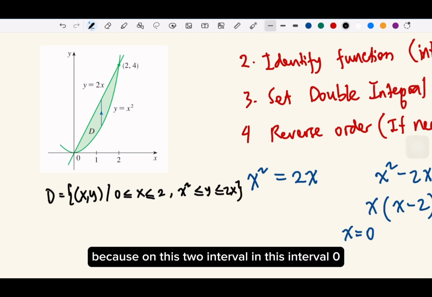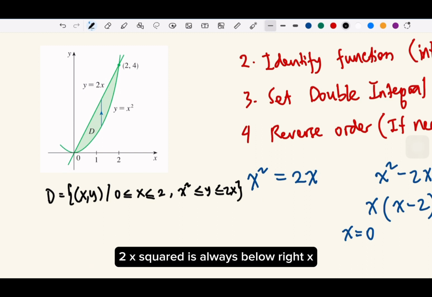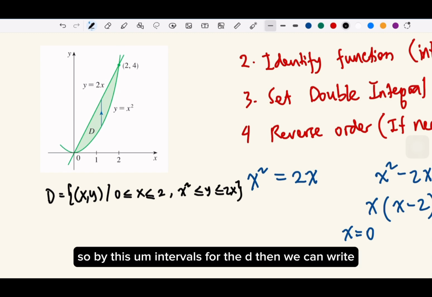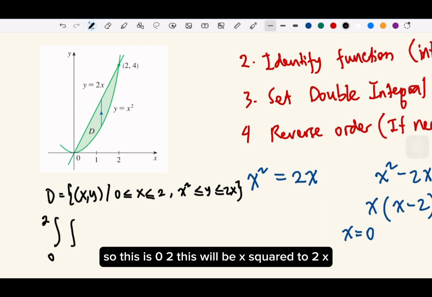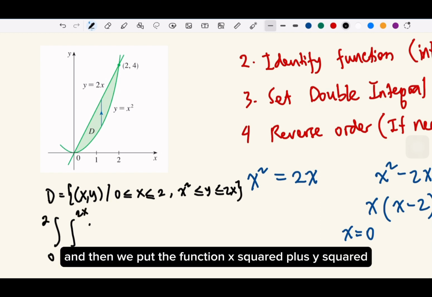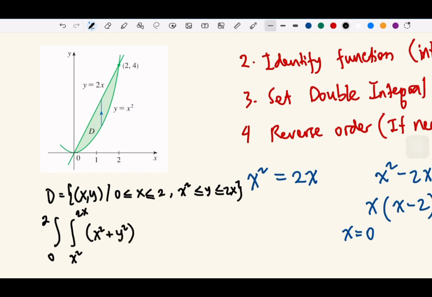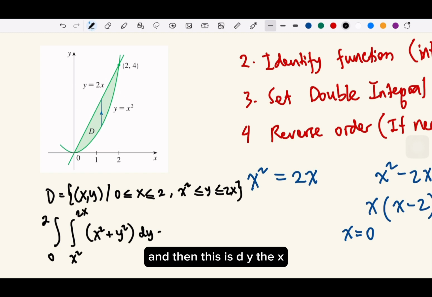Because on this interval 0 to 2, x squared is always below the 2x. So by these intervals for D, we can write: this is 0 to 2, this will be x squared to 2x. And then we put the function x squared plus y squared, and then this is dy dx.